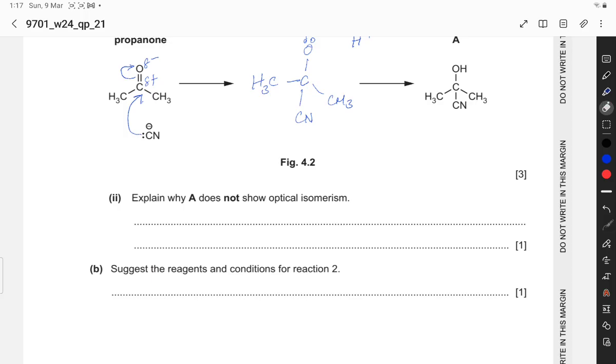The carbon in A is not bonded to four different groups.